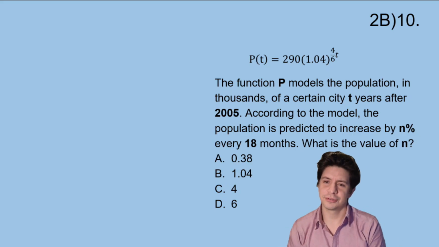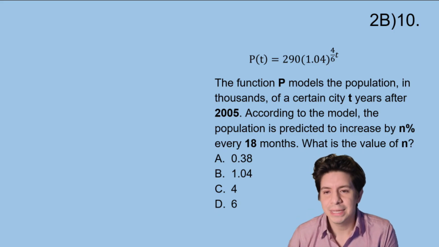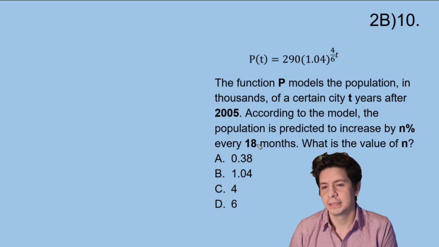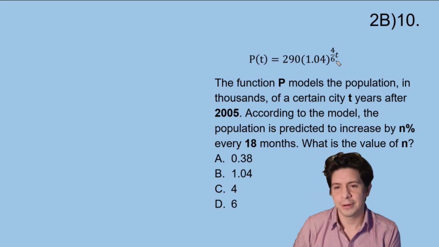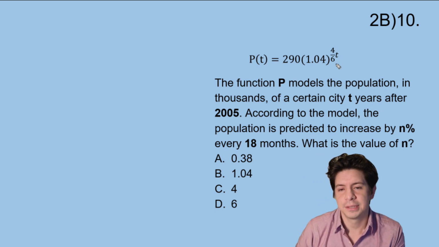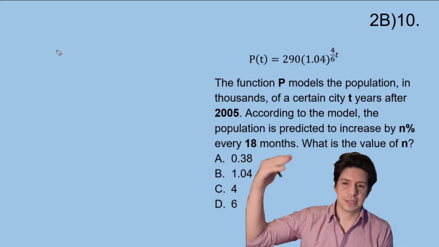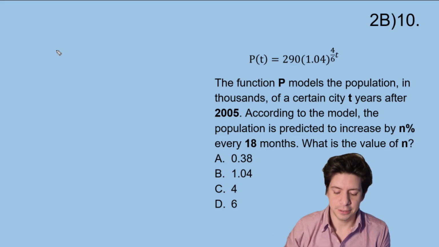Okay, so this one's looking tricky because the T is for years, but they want to know what it is every 18 months. And the T isn't clean. We have this 4/6 attached to it. If it were just 1.04 to the T power, I could tell you it's going up 4% every year.